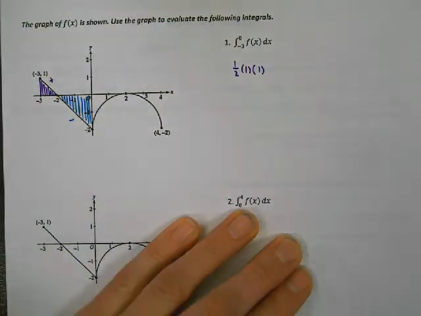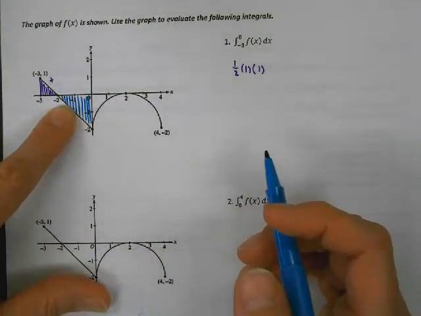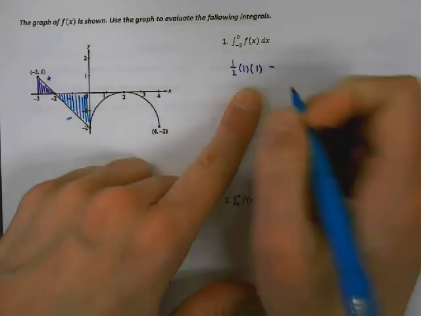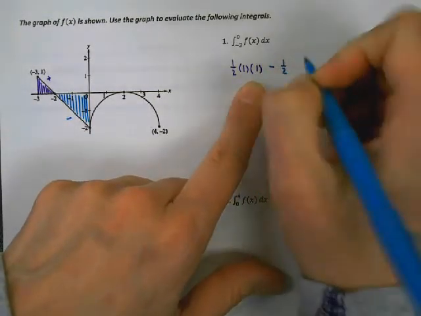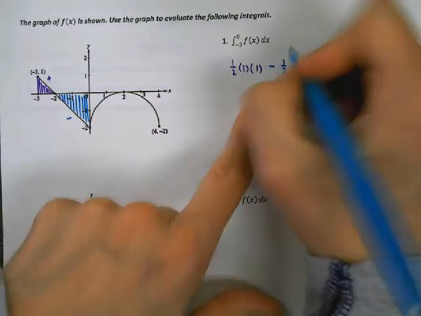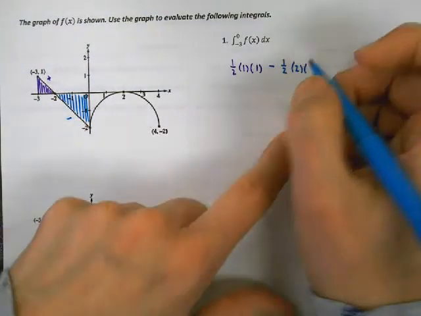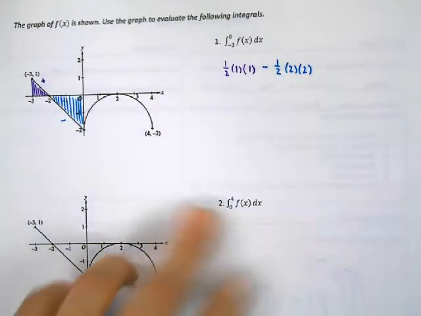Now, instead of adding this area, I'm going to subtract it because it's below. So I have a minus now. Again, it's a triangle, so I have 1/2 times the base, which is 2 units, and the height of that triangle is 2 units as well.